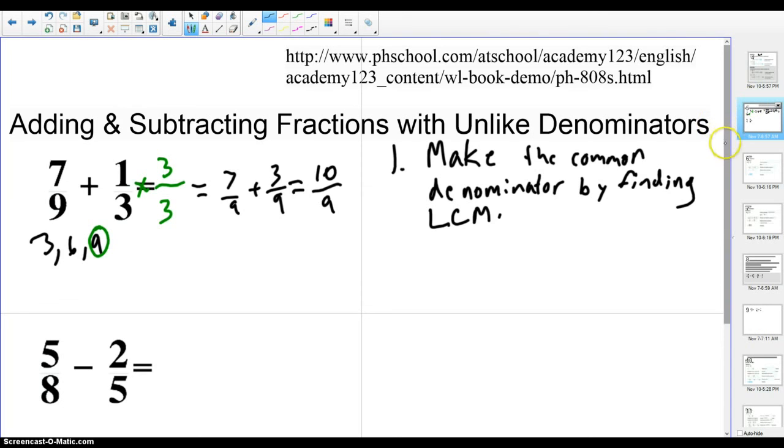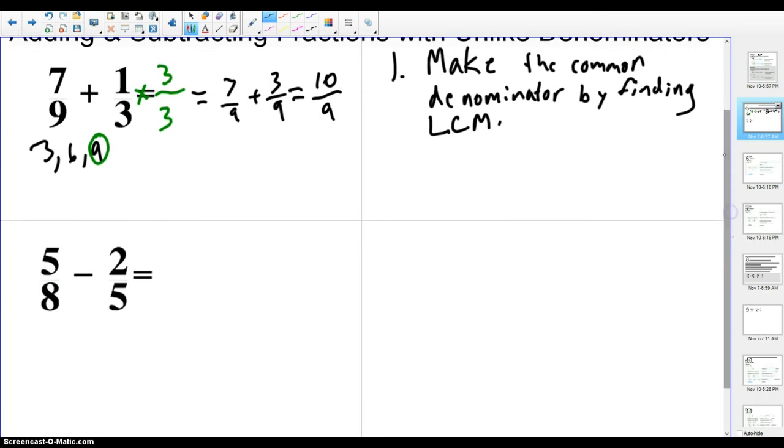Now our second example. We have 5/8 and 2/5. Now I think everybody in the room already knows that 5/8, or 5 and 8, they aren't multiples of each other. So we list the multiples of 5, and we go up 5, 10, 15, 20, 25, 30, 35, 40.